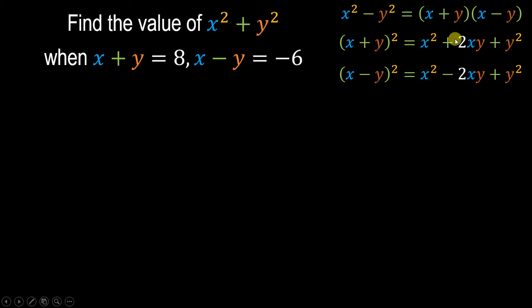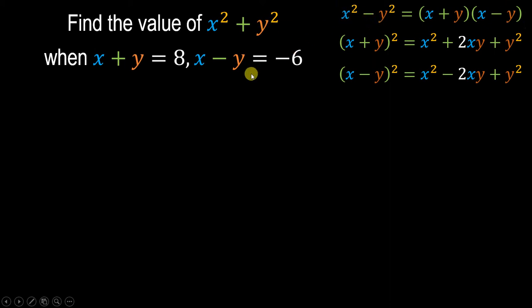But in one you have x plus y, and in the other you have x minus y, which is given, and the second term is xy, which is not given in your question. So neither can you apply this identity nor this identity. And in this identity you have subtraction, the difference of squares, and you need to find the sum of squares, so you cannot even apply this identity.